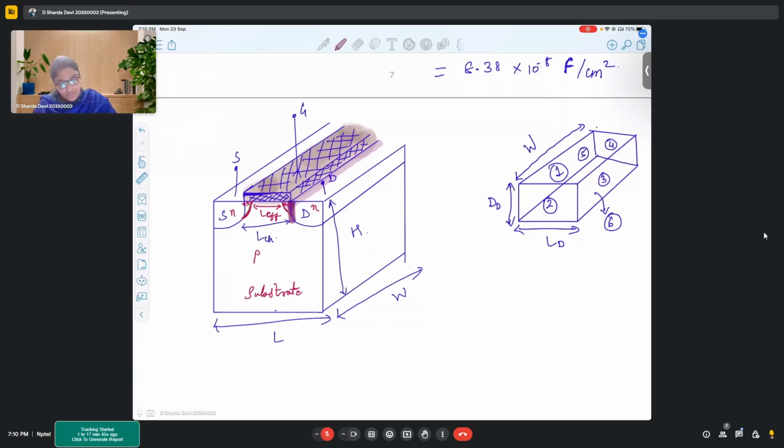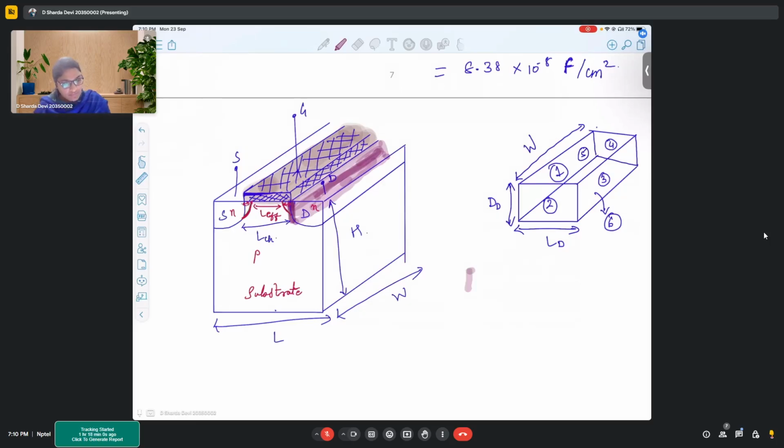Okay. So first off, we know that the innermost face, face one, will have a junction, right? This is with the substrate. So face one will have the junction.